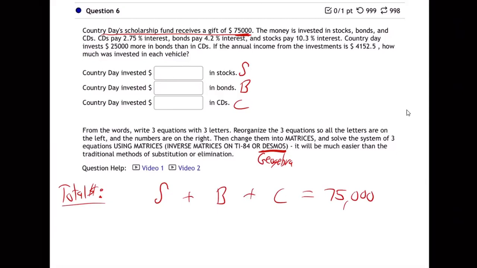And then we have the interest, the money that they earned in interest. What's that? Well, that's the interest rate for each one. So the stocks pay 10.3. Oh, I got to change that to a decimal, don't I? So let me do that. 0.103 times S, that's 10.3, right?